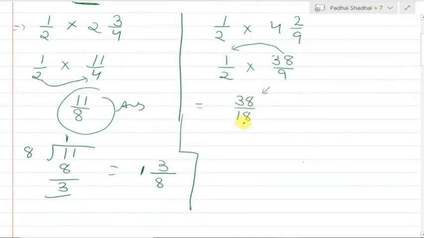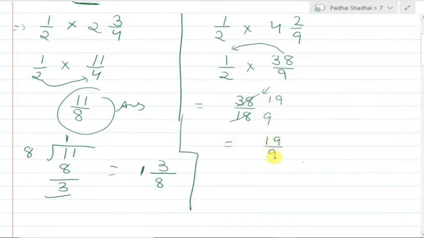See here, 2 9s are 18, and 2 19s are 38. So the final answer will be 19 by 9.